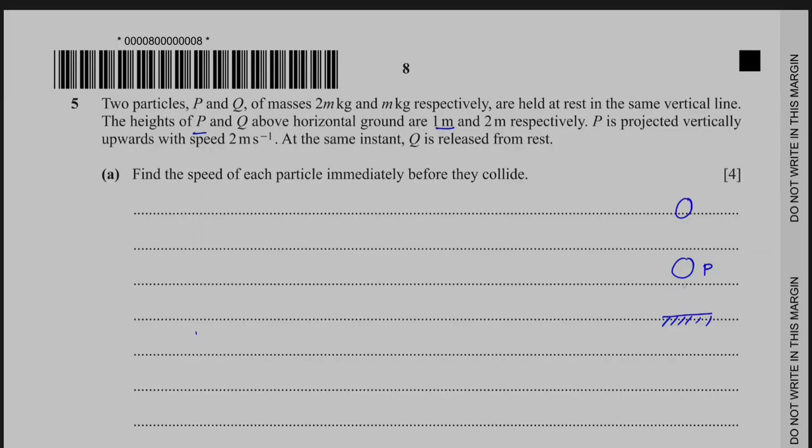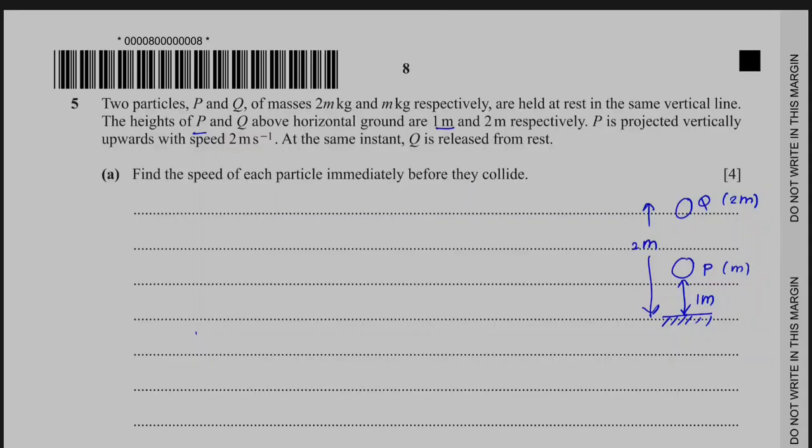So this would be P, and the distance from the ground is 1 meter. The one at the higher position is Q, and it has a mass of 2m kilograms, and P has a mass of m kilograms, and Q is at a height of 2 meters from the horizontal ground.